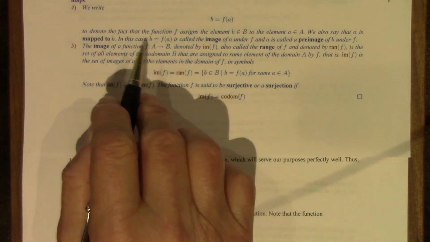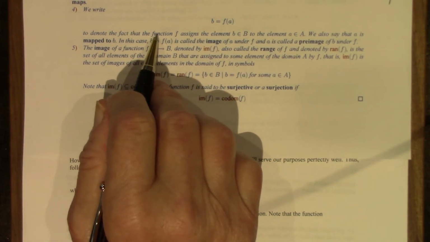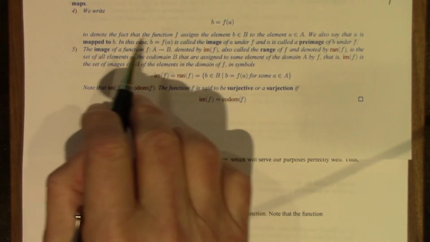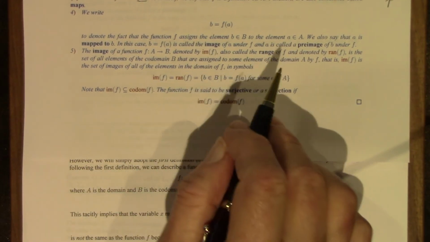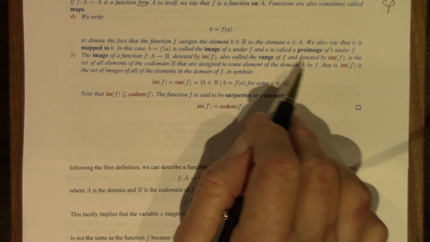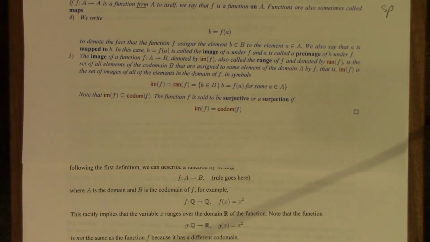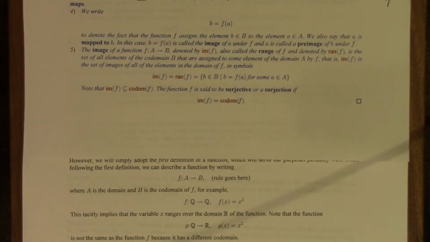The image of a function, not just the individual elements, but the entire function, which I'll denote by Im of F, and which is also called the range of the function, denoted by Ran of F, is the set of all elements of the codomain that are assigned to something from the domain.